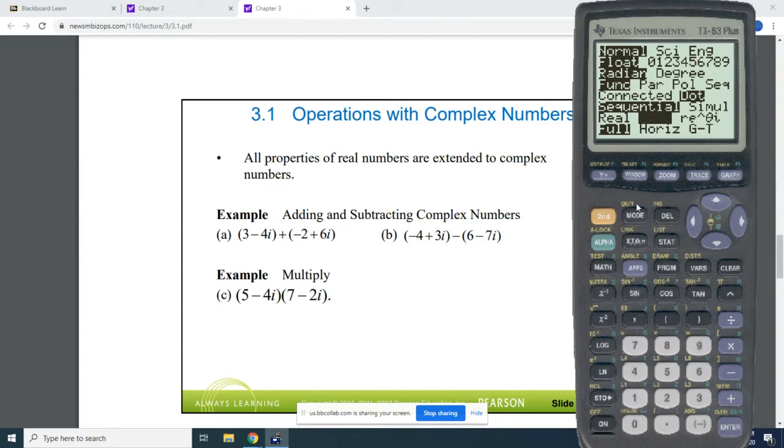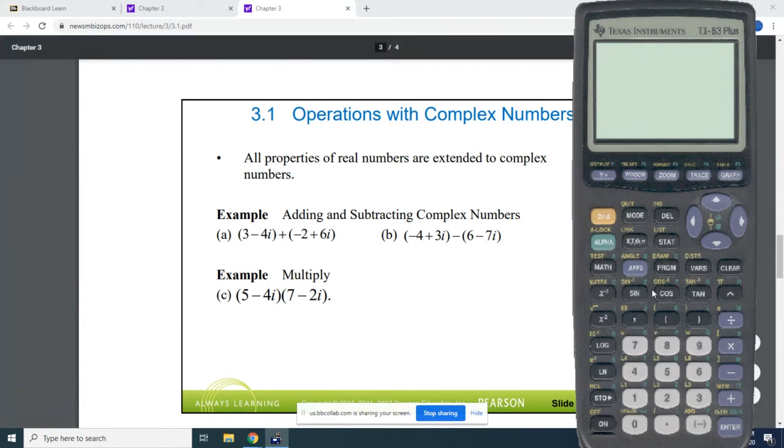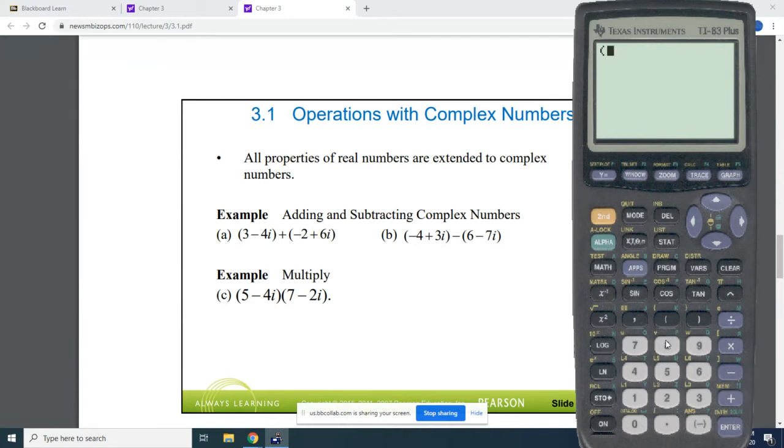I'm going to go back to my home screen, which is quit, so I'm going to hit second and mode. And I'm basically going to enter in what I see, parentheses and all. This first complex number has a begin parenthesis, and I'm going to put it in as 3 minus 4i.